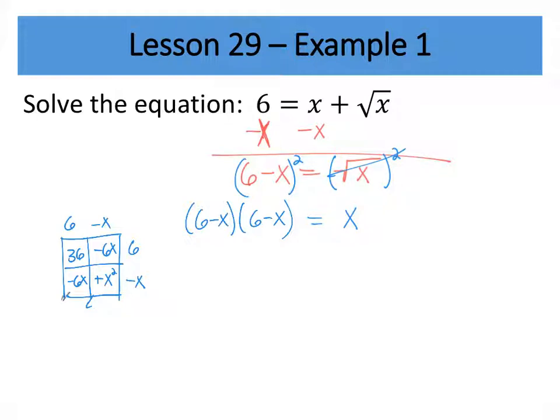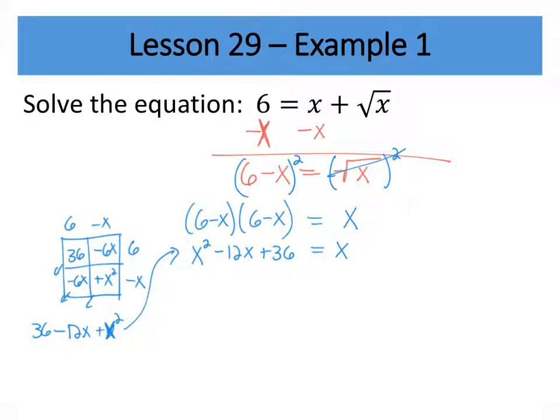So if I add the diagonals, I got 36, negative 12x, plus x squared. So I'm just going to rewrite it in a different way: x squared minus 12x plus 36 equals x.